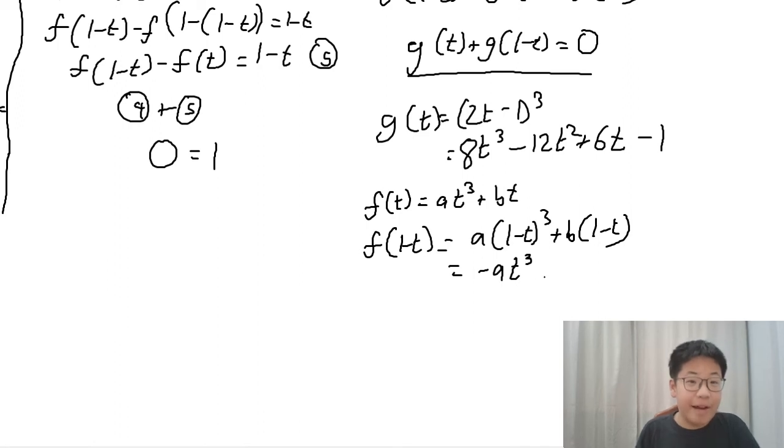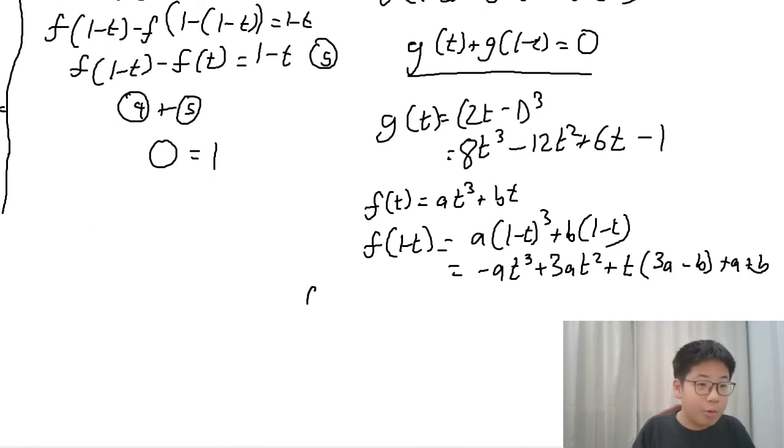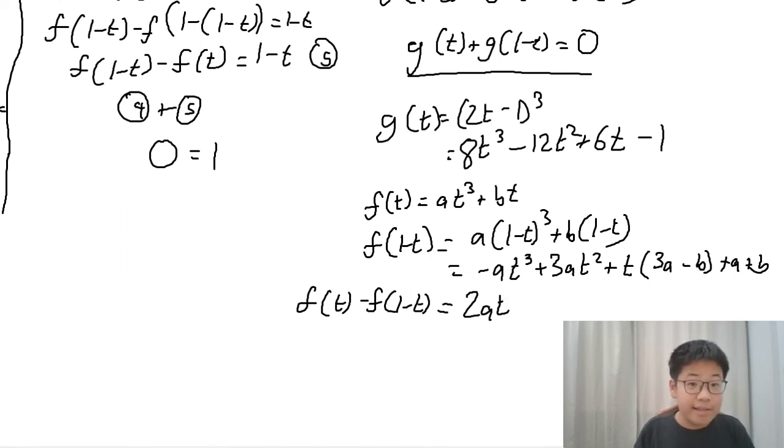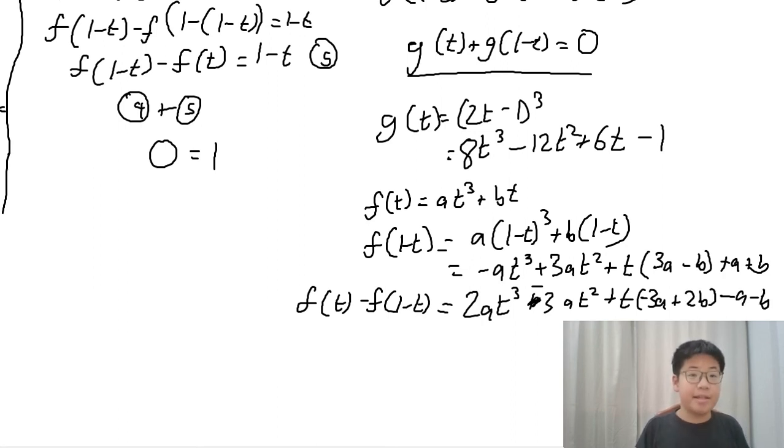Expanding the brackets, we get minus a t cubed, minus 3a t squared, it's actually plus 3a t squared, plus t(3a minus b) plus a plus b. So f(t) minus f(1 minus t) equals 2a t cubed minus 3a t squared plus t(3a plus 2b) minus a minus b.